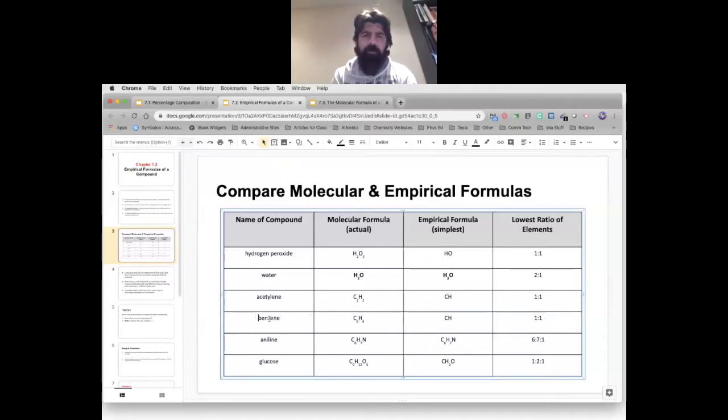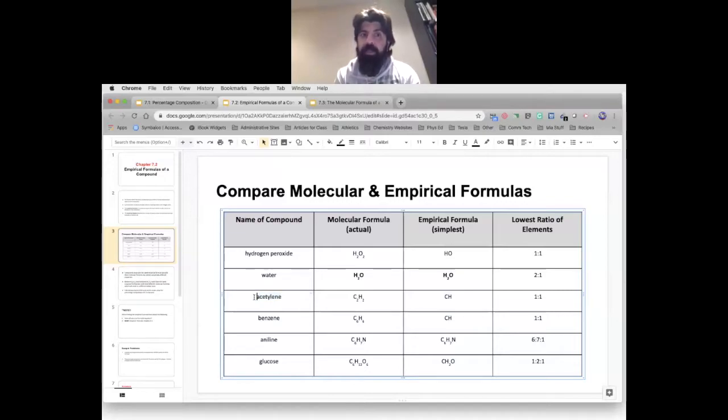Here's another example, benzene. Benzene's formula is C6H6. If we simplify this, we divide both atoms by 6 to simplify to CH. So the empirical formula of benzene is the same as that of acetylene.